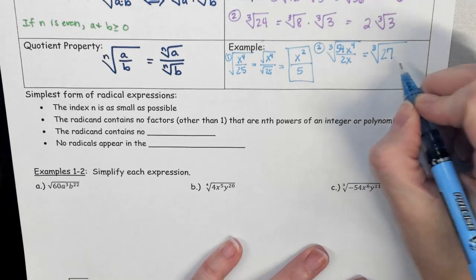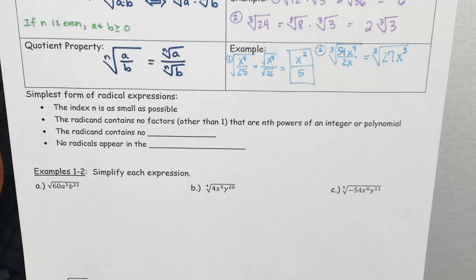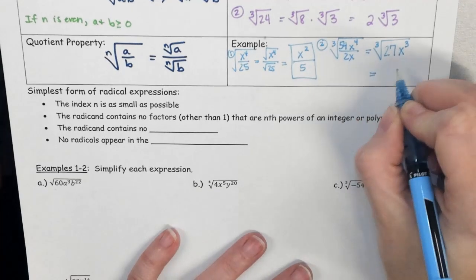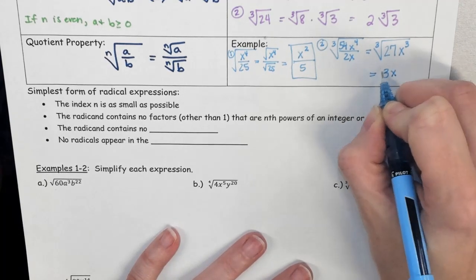And then x to the 4th divided by x is x cubed. 4 minus 1 would be 3. And then this is nice because they're both perfect cubes. The cube root of 27 is 3. The cube root of x cubed is x. Great.